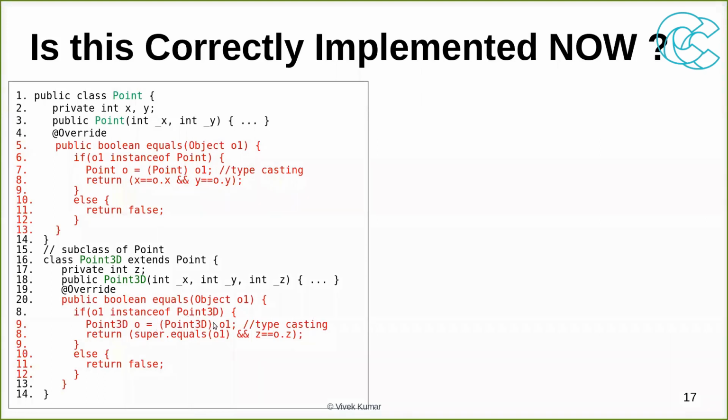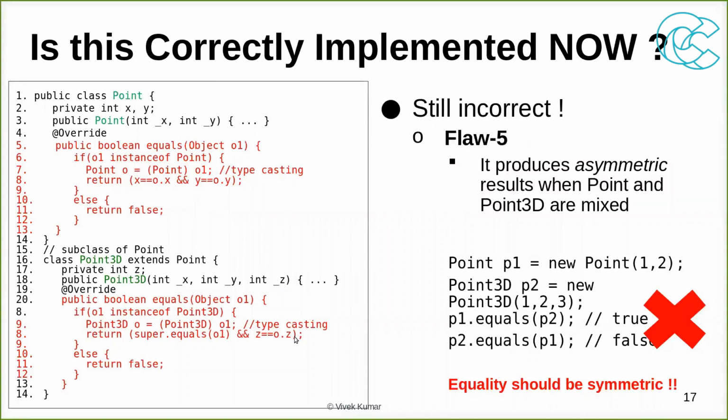And for the x and y coordinates, it's okay. You can use the same comparison, so that's why you say super.equals. But for the z parameter, you need to be careful and do that comparison in this particular equals. So you do the comparison here. So now the issue that was there in the previous slide gets resolved.